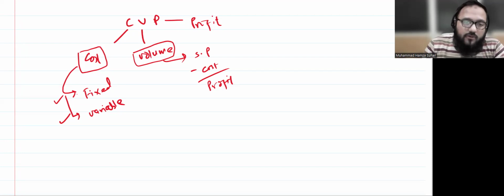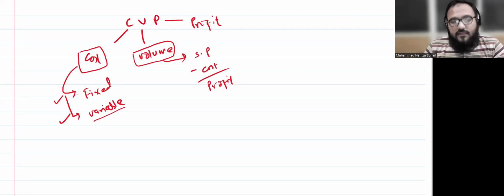And the variable costs in total increase with the increase in the level of activity and decrease with the decrease in the level of activity. But the variable costs per unit always remain the same no matter what the level of activity is.